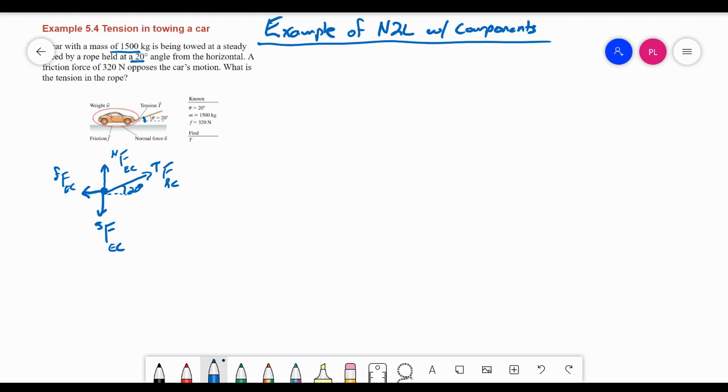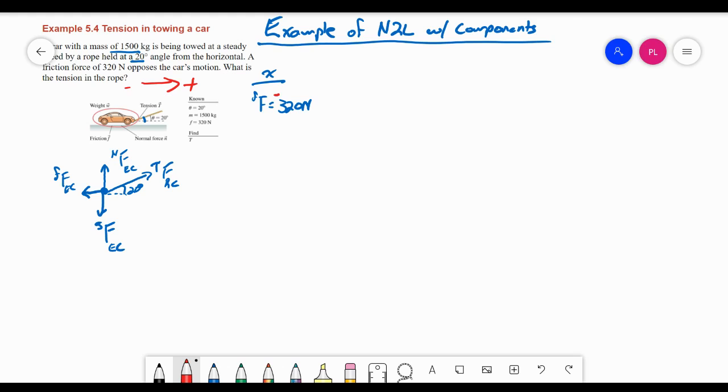So if we want to find this force of tension on the car, I'm going to set up a list of things that we know. In the x direction, we know a few things. We know the force of friction is 320 newtons, and that's to the left. So I'm going to say to the right is positive, to the left is negative.